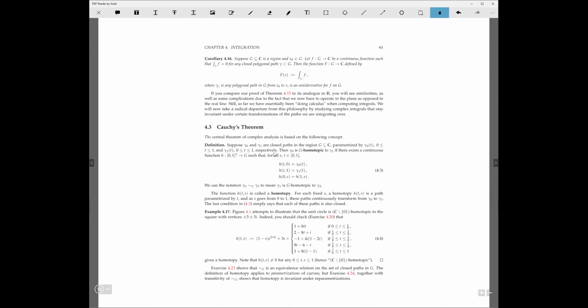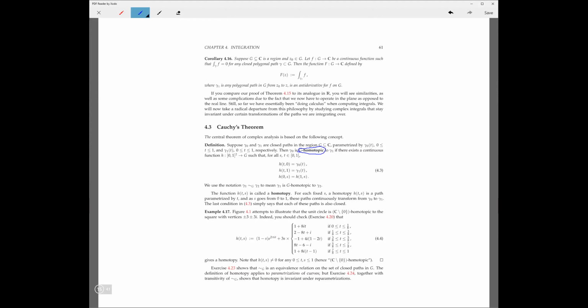And they have this idea that they call homotopic with curves. So it's like comparing 2 different curves.